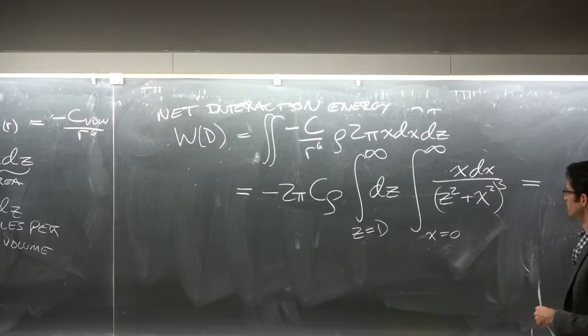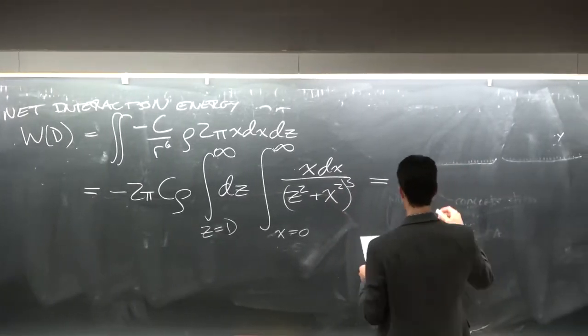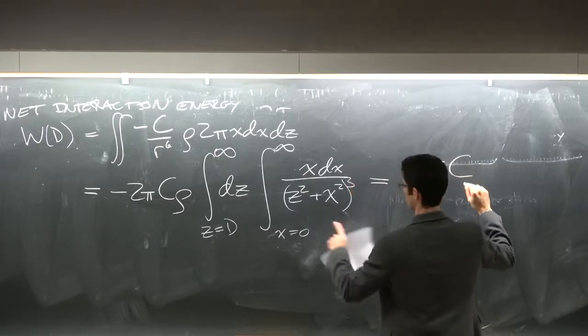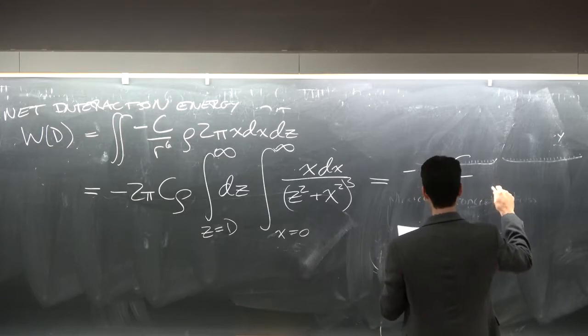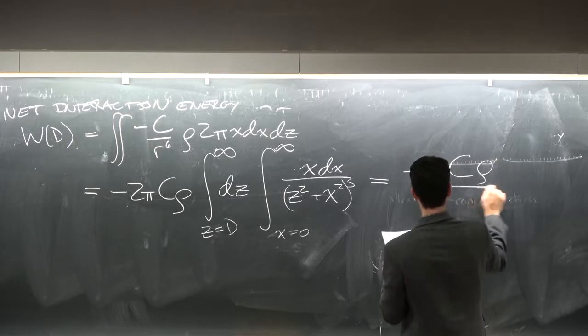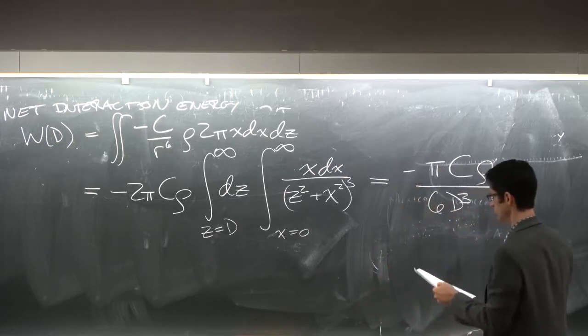Evaluated, once you look this up in a table or do it in Mathematica, you get minus pi, and you won't have to do any of this for the homework, don't worry about that. Just want to show you the result is minus pi C rho over 6 D cubed.